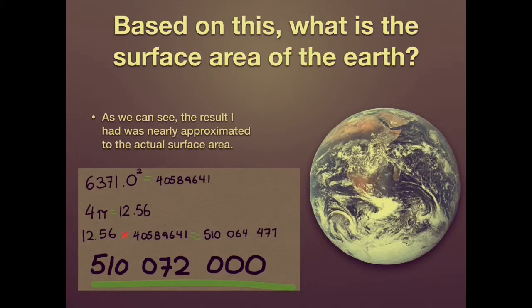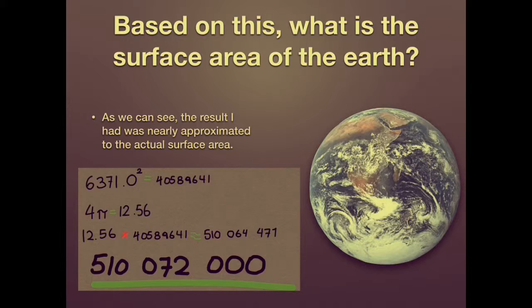So, I looked for the estimated radius of the Earth, and what I got was 6371.0 kilometers. So, when I multiply it by itself, I get 405.89641.